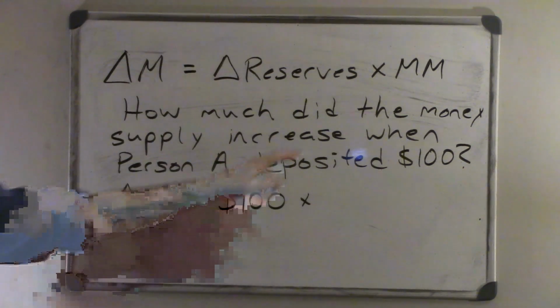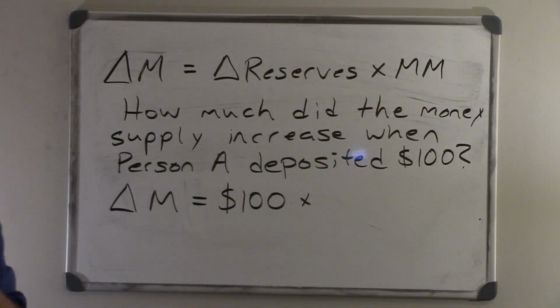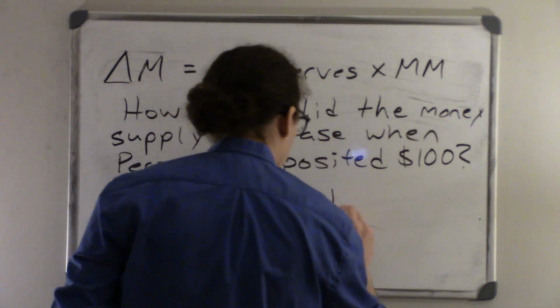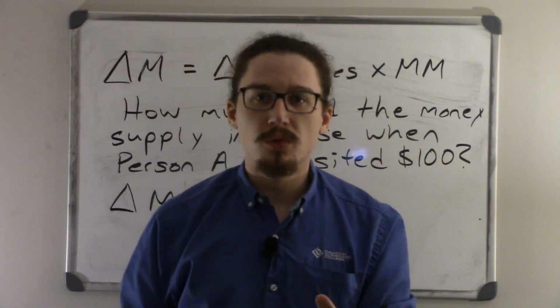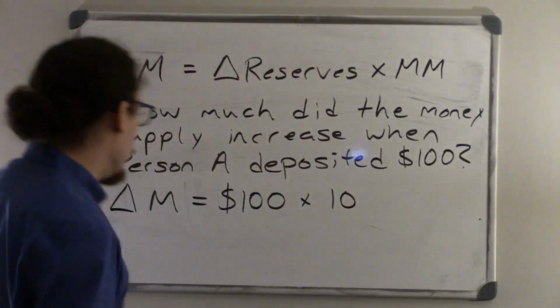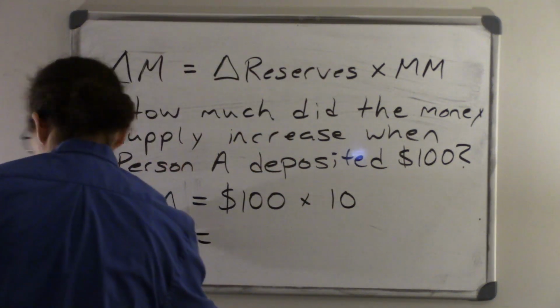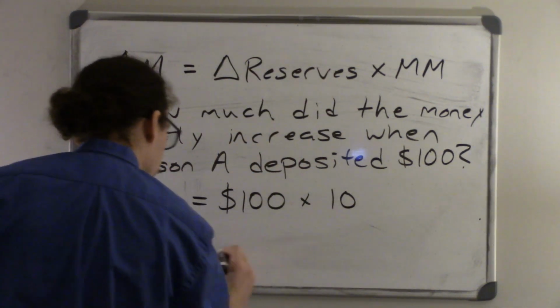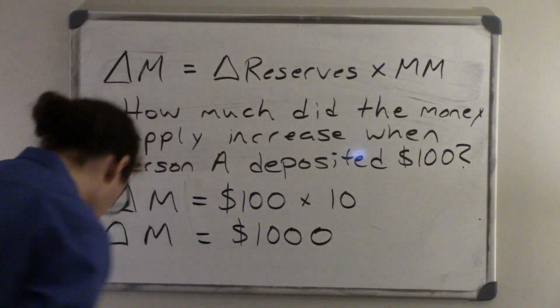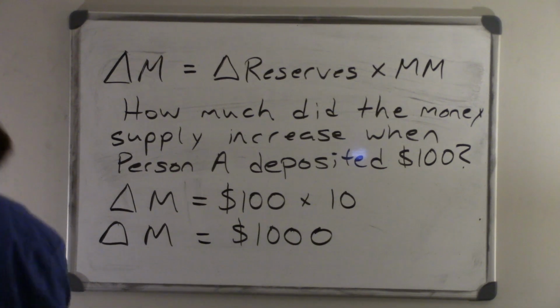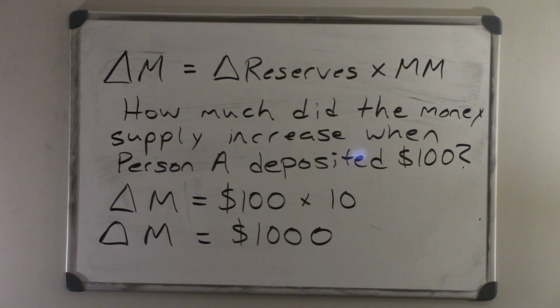Then we multiply that by our money multiplier, as we just saw. That is 10, $10 deposits over $1 in reserves. So the change in our money supply is $1,000.